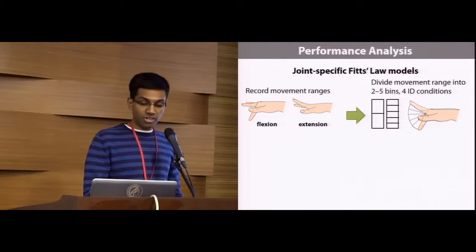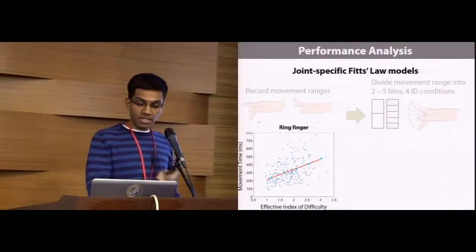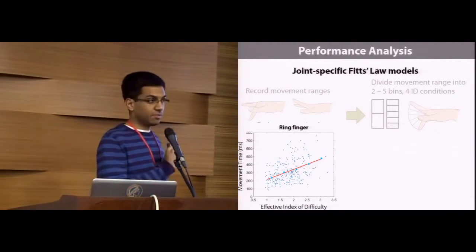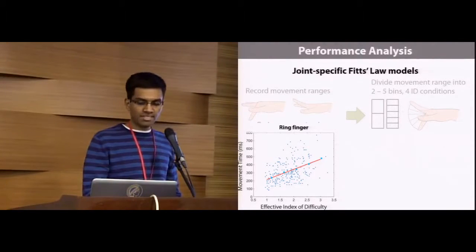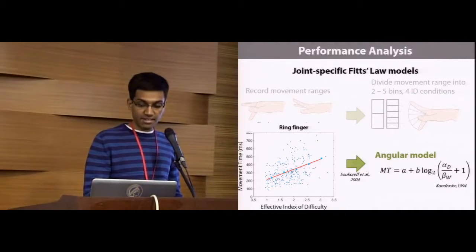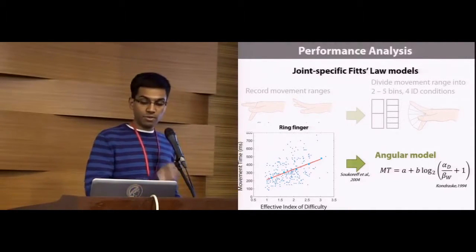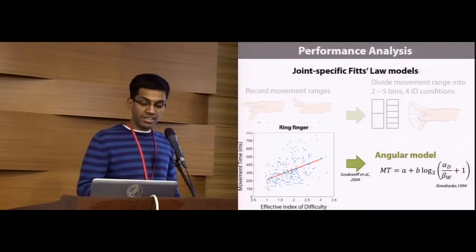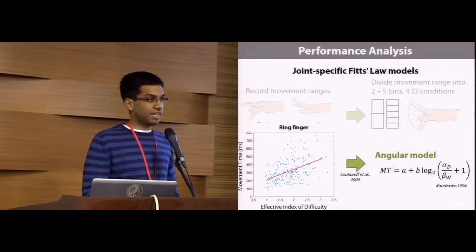This resulted in 4 different index of difficulty conditions and 10 different selection tasks. This is how the data looks for all trials from all participants in the case of the ring finger. As recommended in literature, we look at the effective index of difficulty of each selection task and bin the movement times into 5 groups corresponding to the previous index of difficulty range. And we used linear regression to obtain an angular version of the Fitts law model for each of the 7 joints in our experiment.